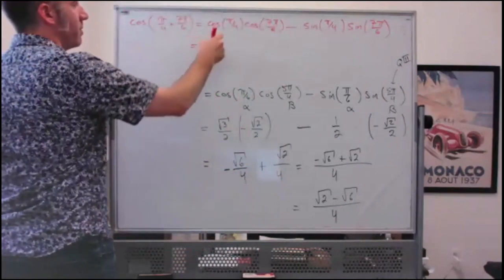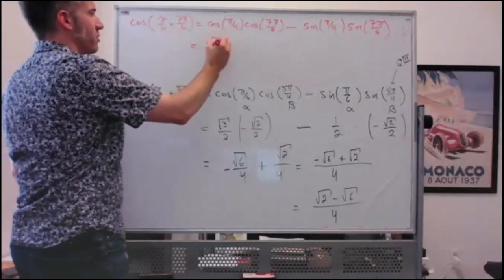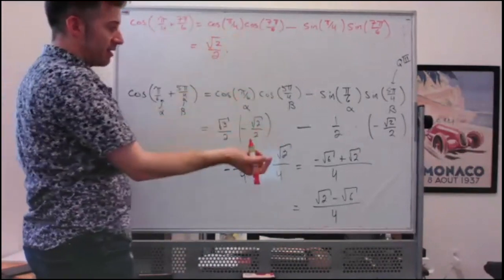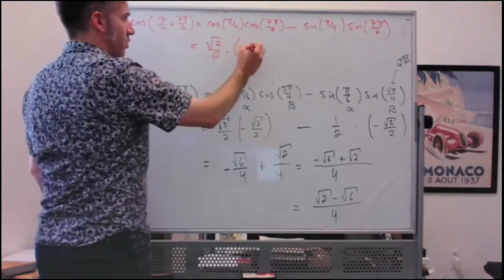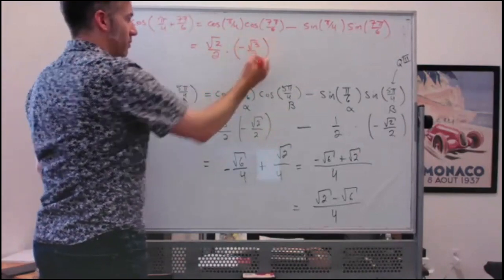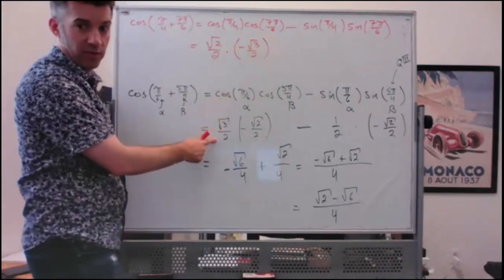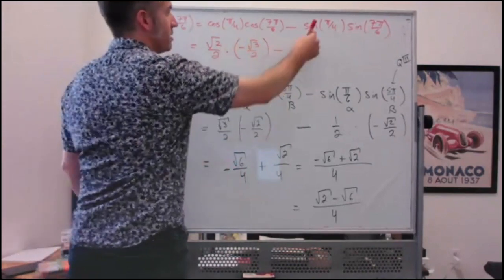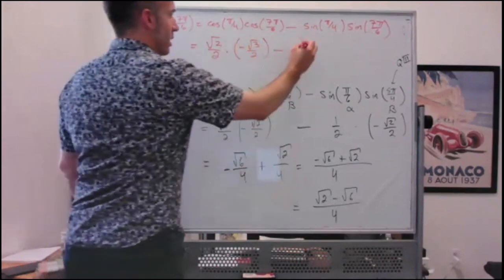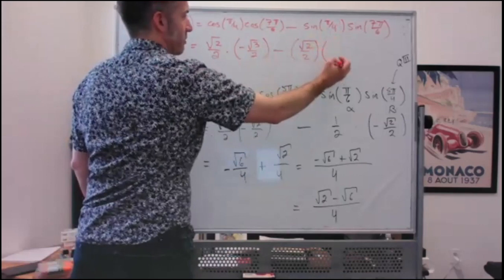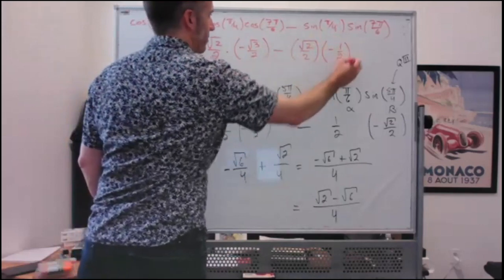So we're going to get cosine of pi over 4 is root 2 over 2. Cosine of 7 pi over 6 is going to be negative root 3 over 2 because it's in quadrant 3, but the reference angle is still pi over 6, so it has a value of root 3 over 2. Minus sine of pi over 4, which is again root 2 over 2, and sine of 7 pi over 6 is going to be negative 1/2.